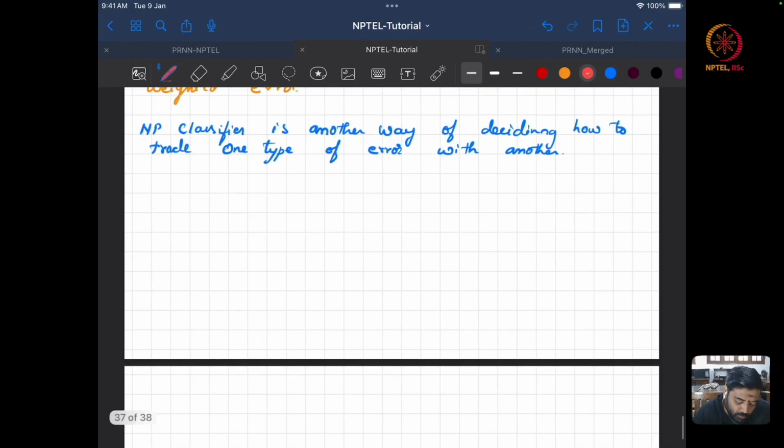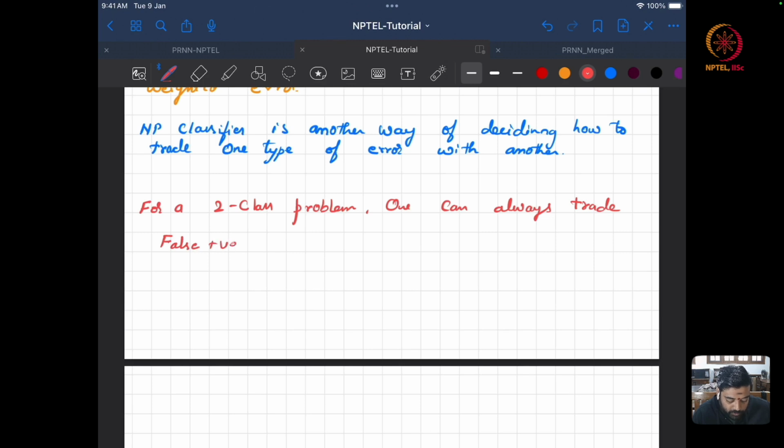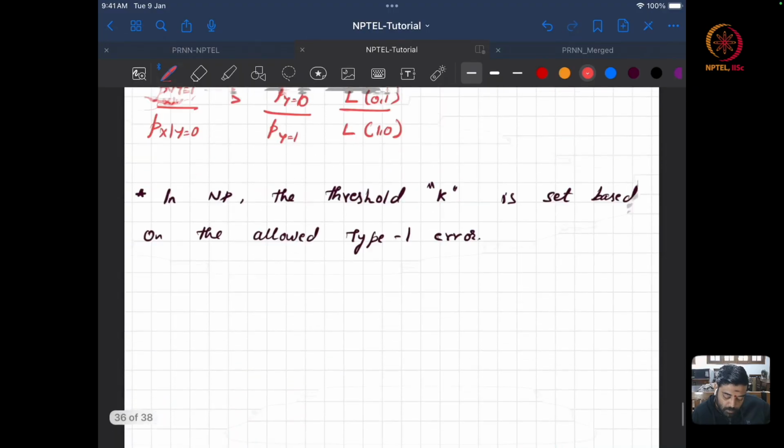So for a two class problem, one can always trade false positive rate against false negative rate. This we have already seen. Now we know what is false positive.